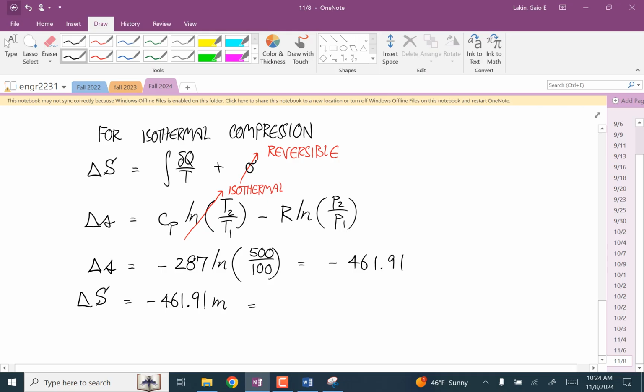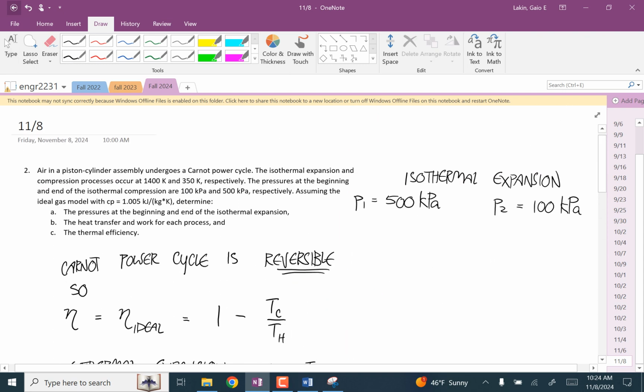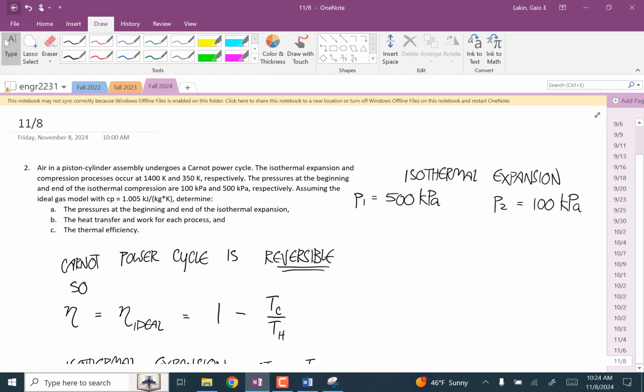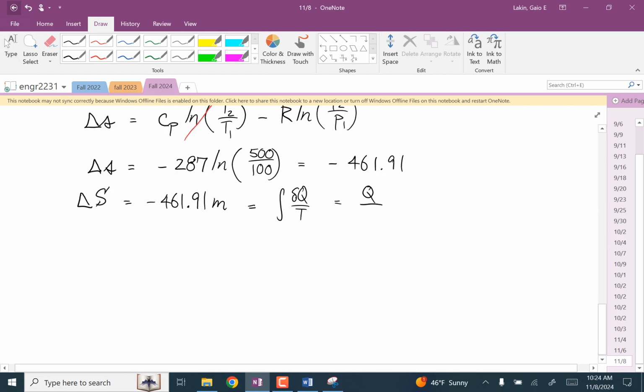And that is equal to the heat transfer divided by the temperature. So that's Q over, this time the temperature was 350 Kelvin.